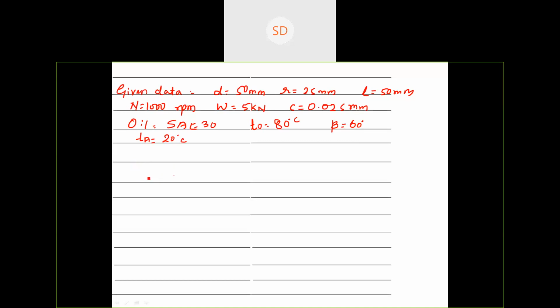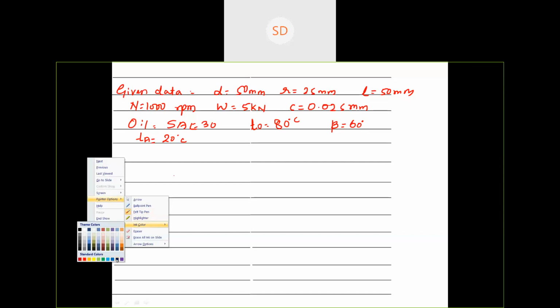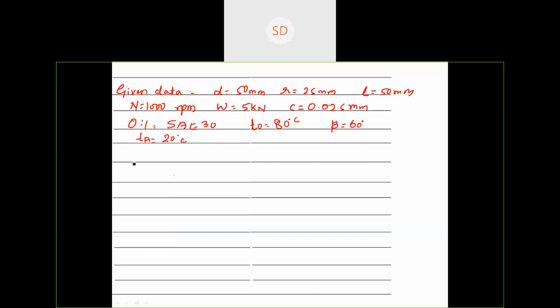Now first we'll go for the calculation of pressure. The first bit is you need to find out the bearing pressure.